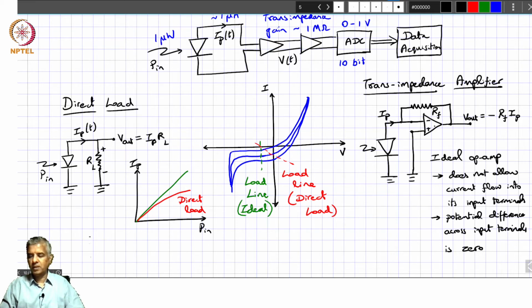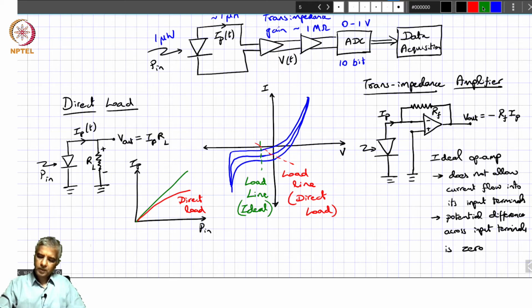The op amp is rated for a certain output current, so it cannot provide any more than that. But that's a non-ideal condition. Until that happens, you are able to extract the photocurrent. That typically happens for an op amp in the order of tens of milliamps, so you are typically fine with that.